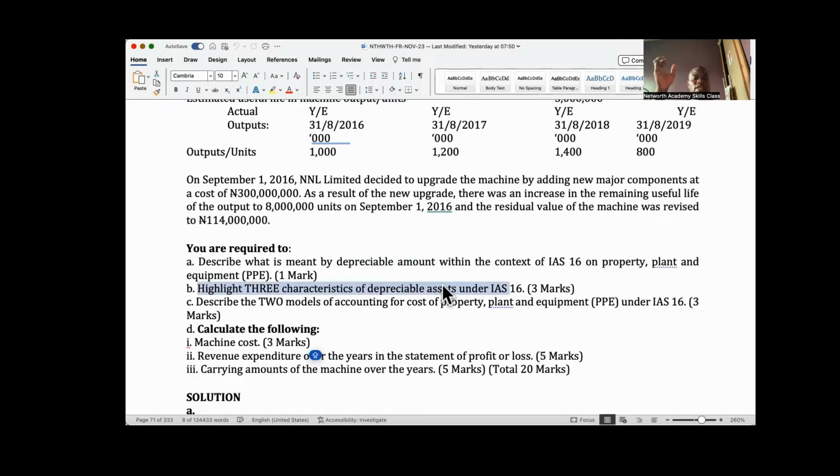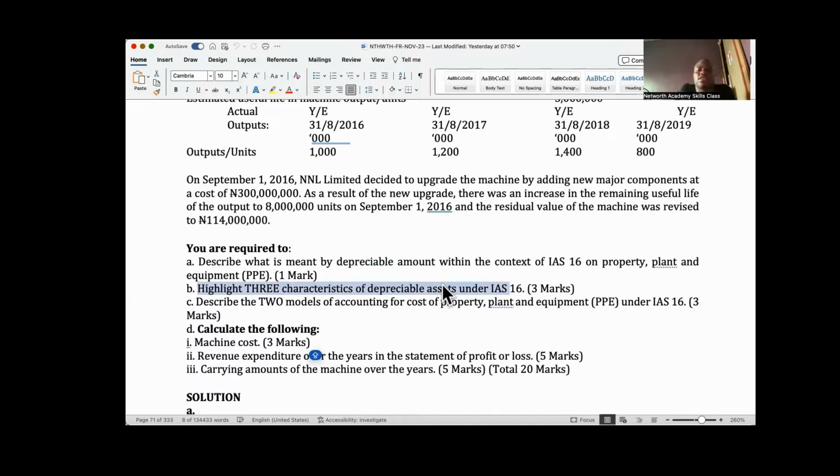So a depreciable asset must have a limited useful life. The second one is that a depreciable asset must be used for more than 1 year.